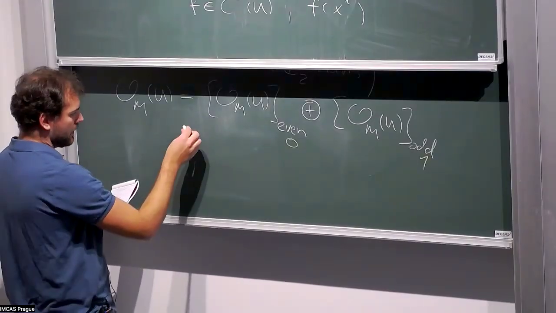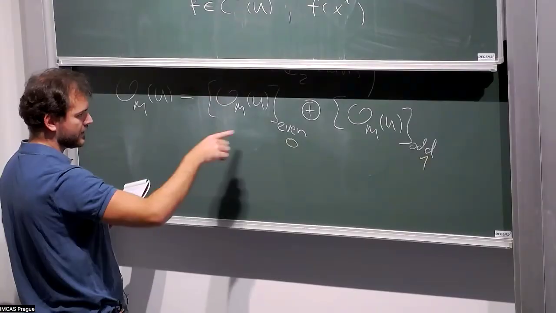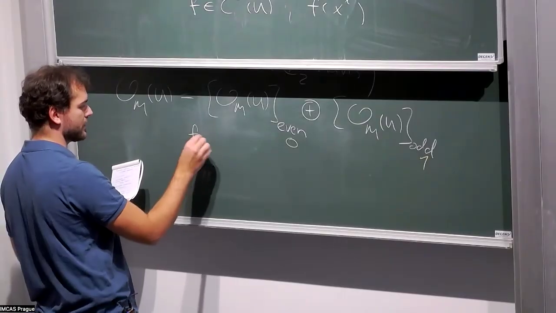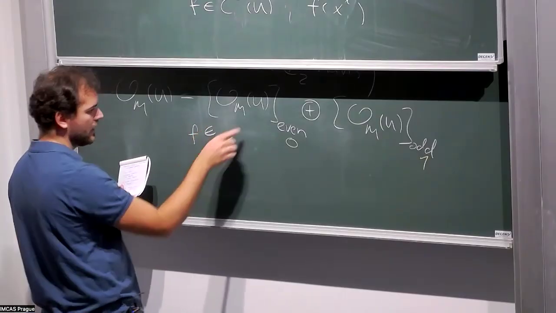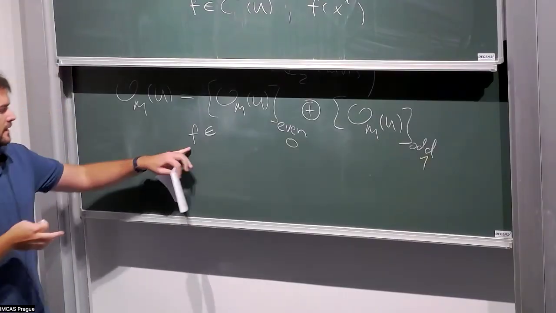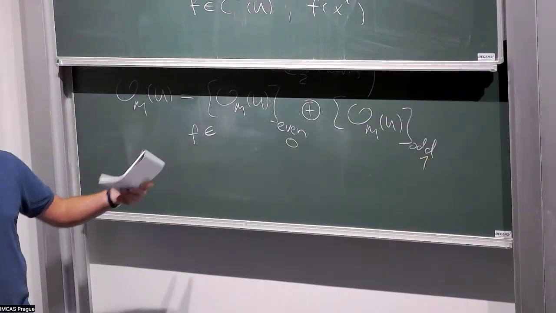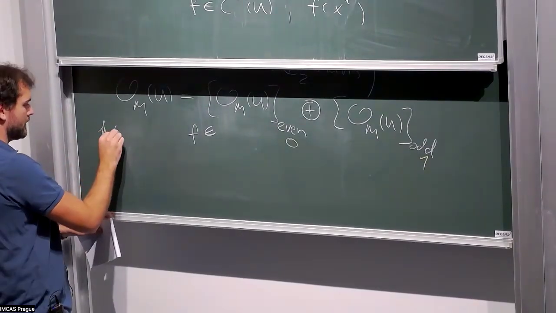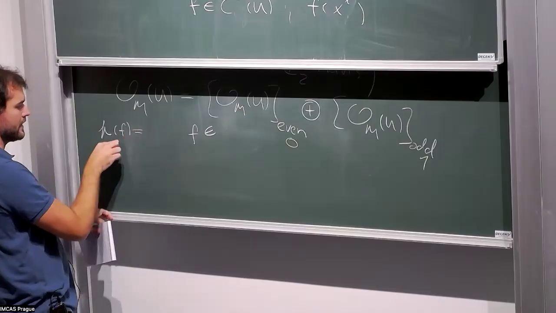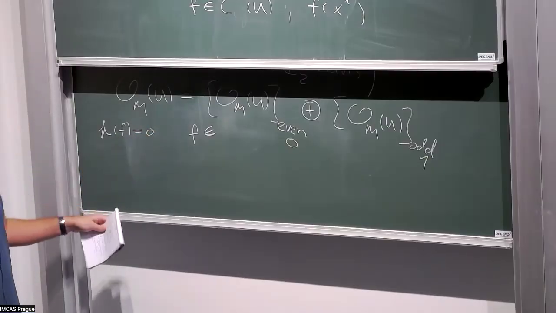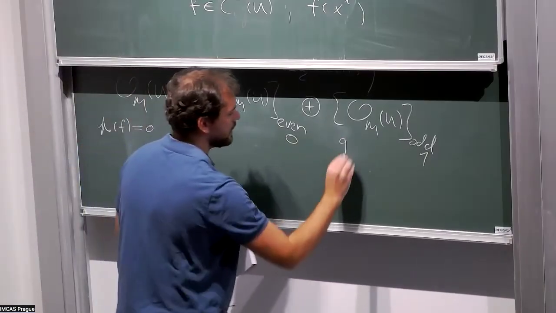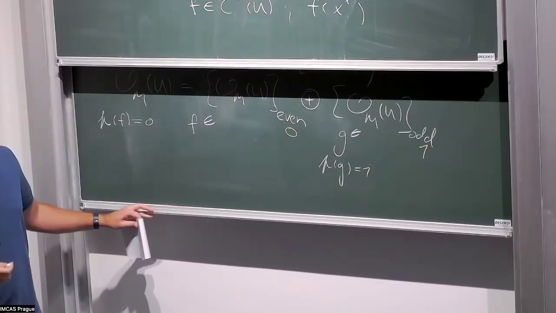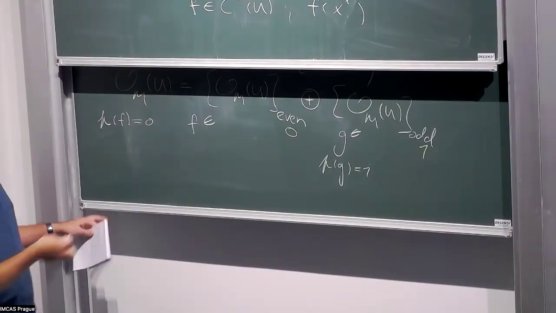So first of all, you can have an element of this that does not belong to either of these parts. But if you have a homogeneous element, so if you have an f from the even part, you say that f has parity even, or degree 0, but with supermanifolds I'm going to stick with the word parity. I'm going to denote it somewhat unusually as parity of f is 0, or even. And if you have a g here, the parity of g is odd. You can multiply things in here. This is an algebra.